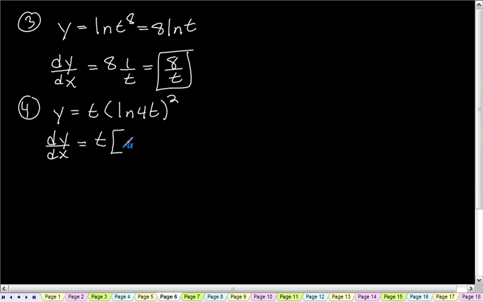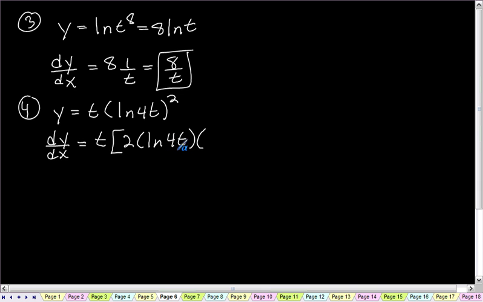The derivative of the second is a little complicated. We first bring the 2 down, and we leave the inside the same. We take 1 away from there, and that's that first part. Now we take the derivative of the inside, being ln of 4t.